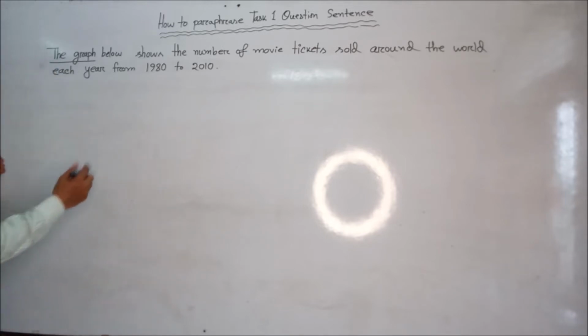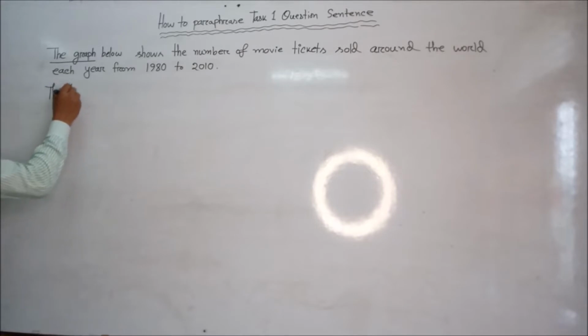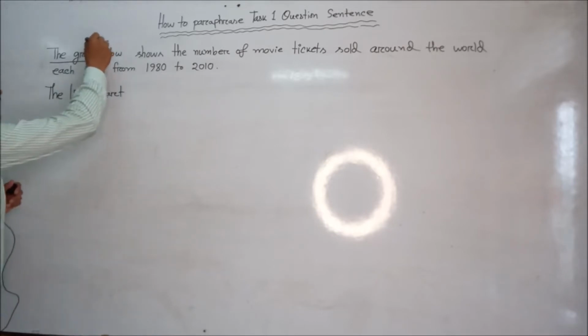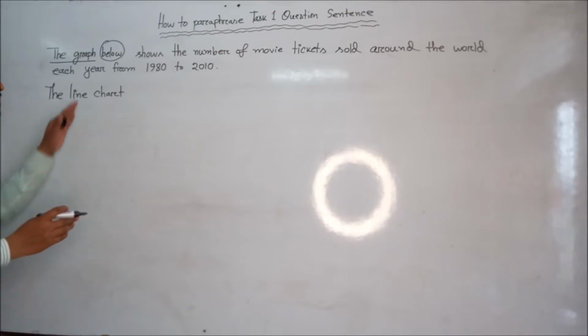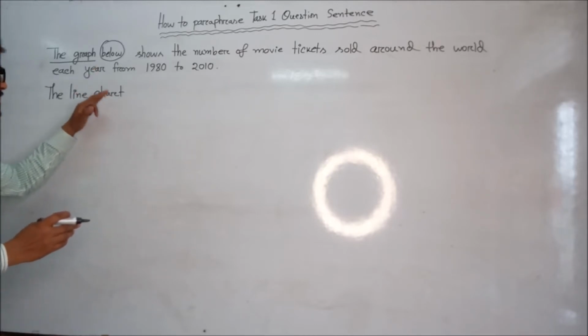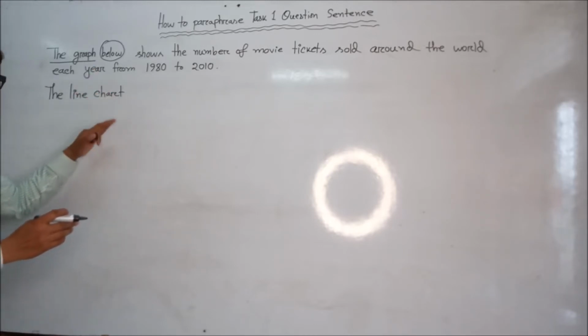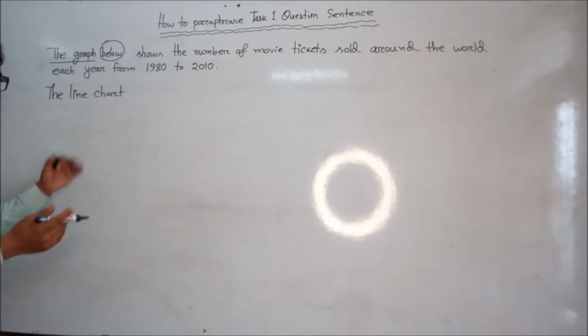So if it is a line chart, we can write down the line chart. Now the word below should not be in your paraphrased question sentence, because when you are writing down the answer, there is no graph below on your answer sheet. So avoid that word, no problem.